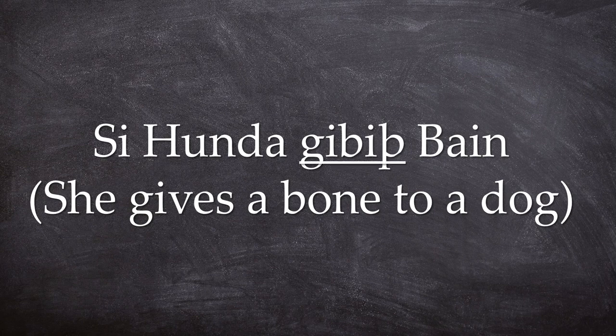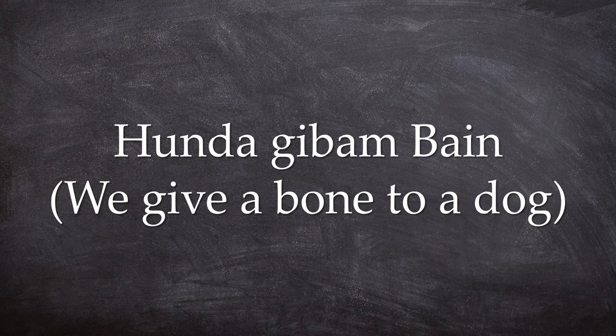Now let's put this word in the first person plural, which is we. Hunda gibam ben. So we give a bone to a dog. Now, because we already know what is being given and what is the recipient, we can take the verb and completely change the word order.